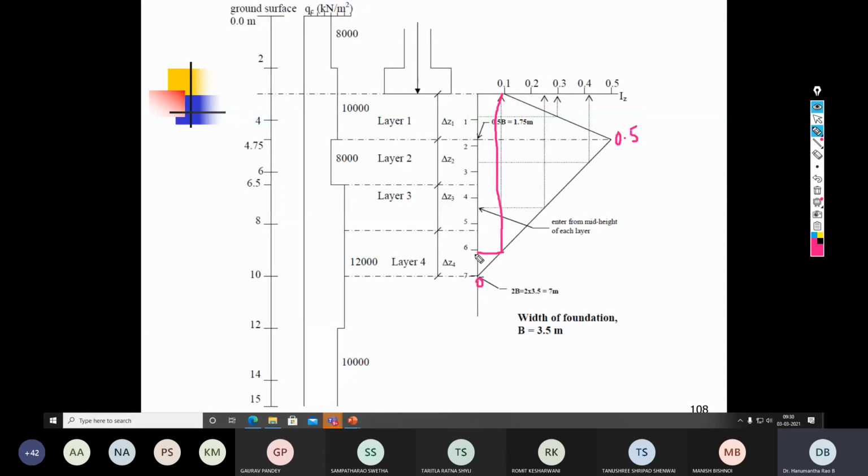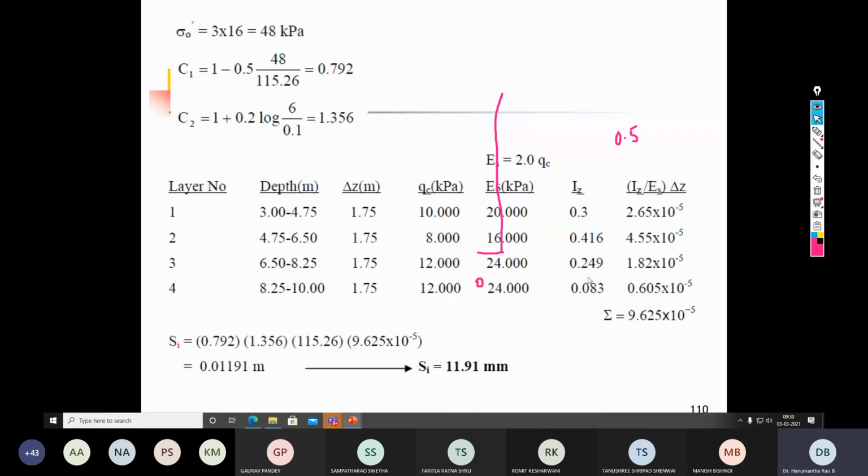What would be the value of the strain influence factor at a depth of 6.25 meter? Interpolate and obtain the value. In this case, what you will get is 0.08.